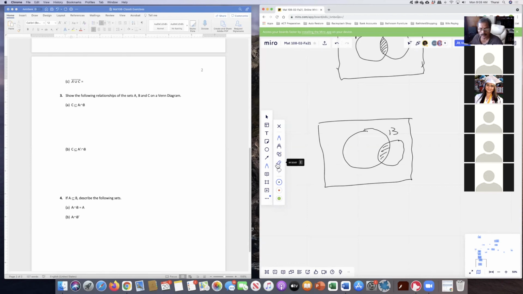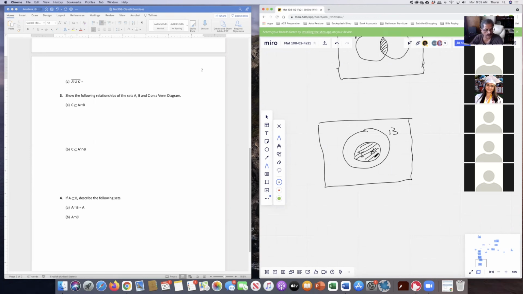A is entirely inside B. So what area is common to A and B? All of these, because all of these are in A and in B. So the answer is A itself.